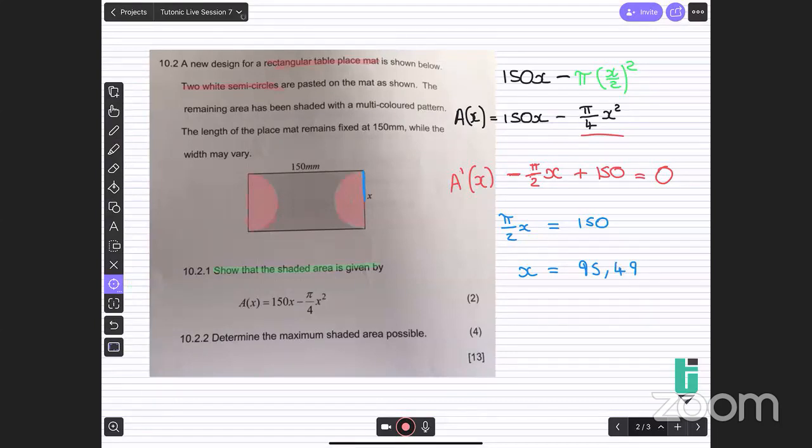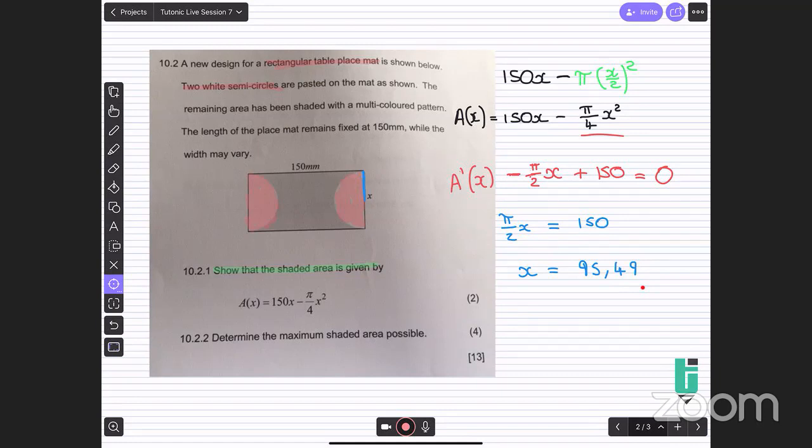What did we say, Naima? What is this answer? I think it's the number where it will be the maximum. The value of x that will give you a maximum.